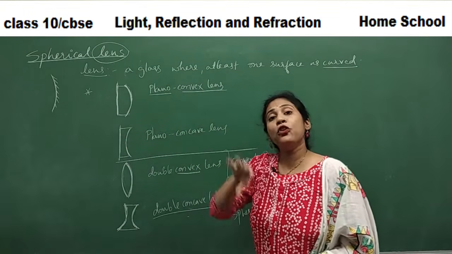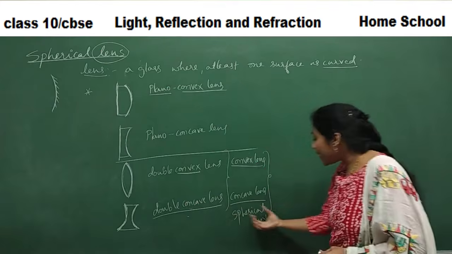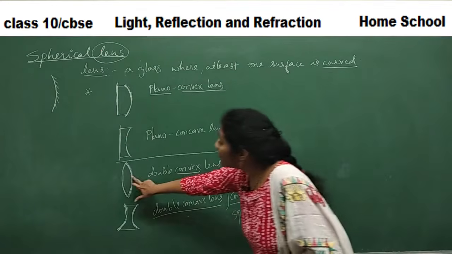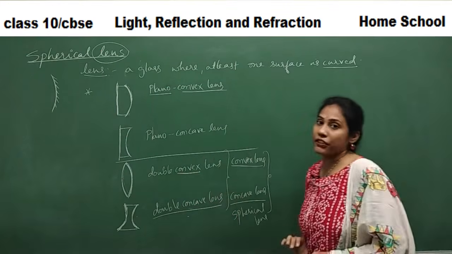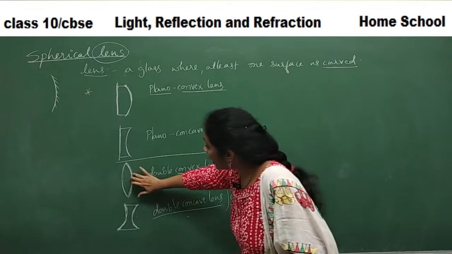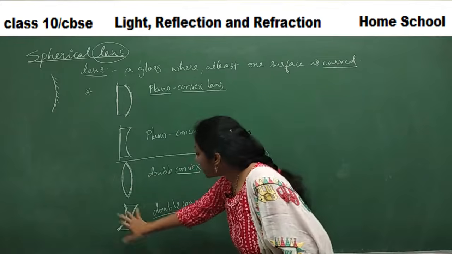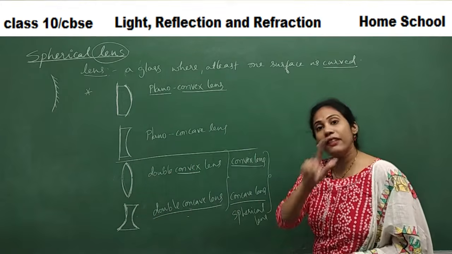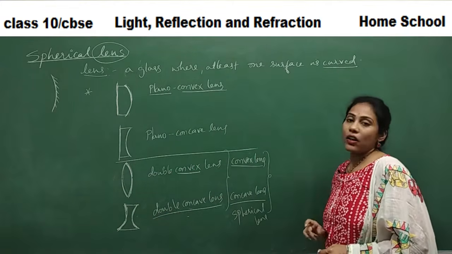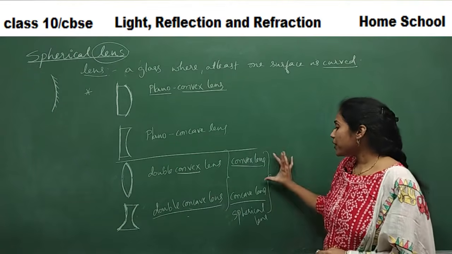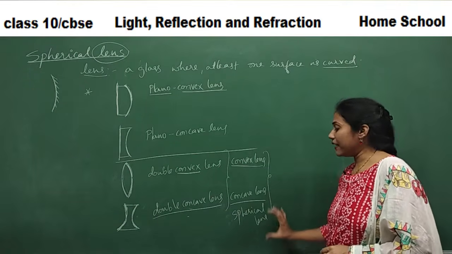But when do you call something as a spherical lens? When both sides are curved. If they are curved outwards, it's a convex lens. If both sides are curved inwards, then it is a concave lens. Okay, so these 2 are called as spherical lenses.